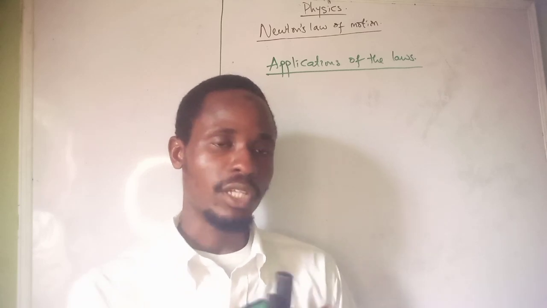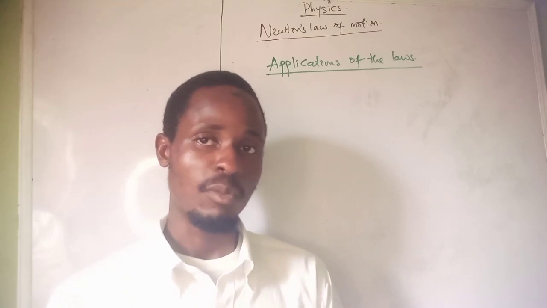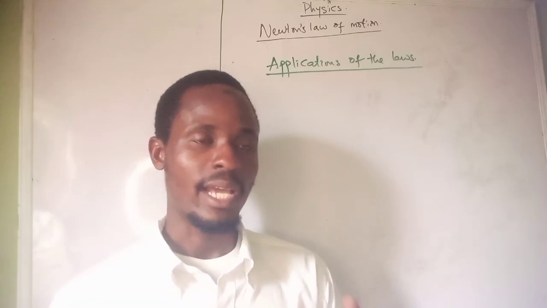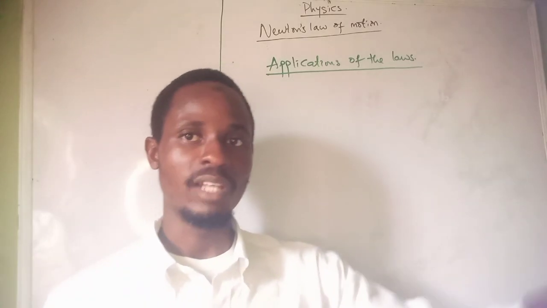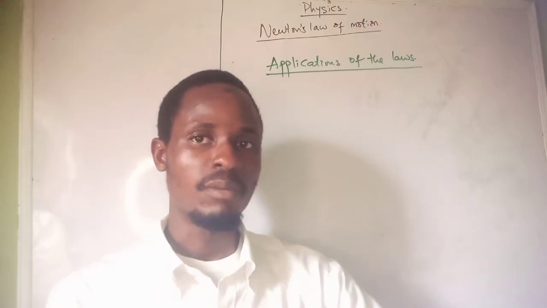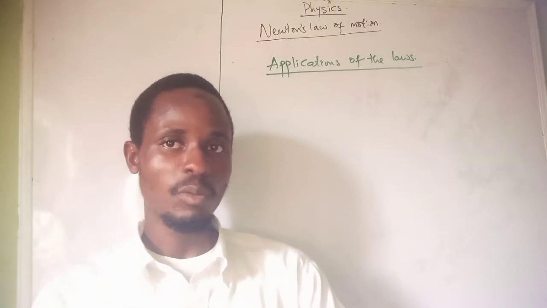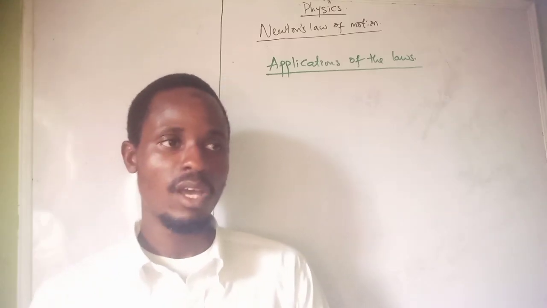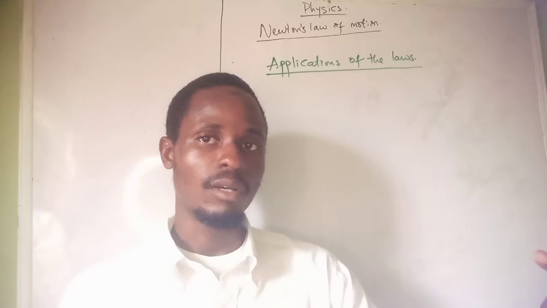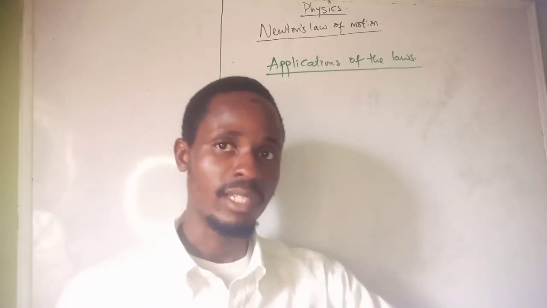So in the application of this law and the law of conservation of linear momentum, when the bullet exits the gun and is traveling its way, the momentum of that bullet must be equal to the momentum of the gun. The momentum of the gun is the mass of the gun times the recoil velocity, while the momentum of the bullet is the mass of the bullet times the speed at which the bullet is moving.